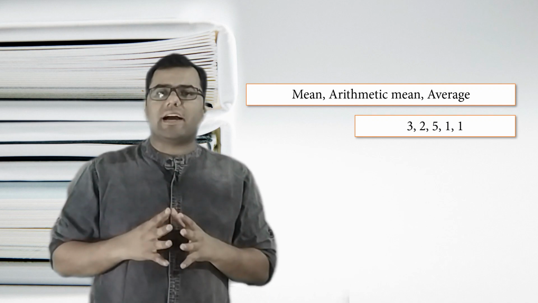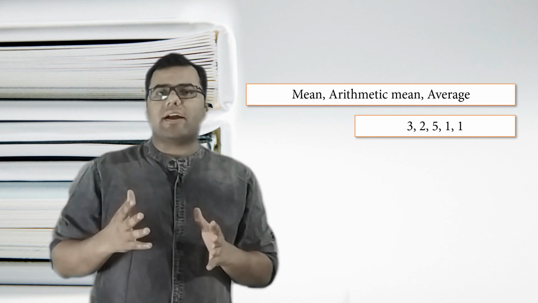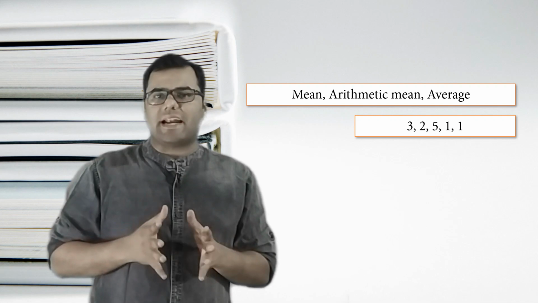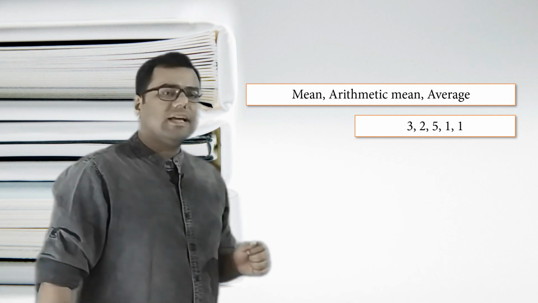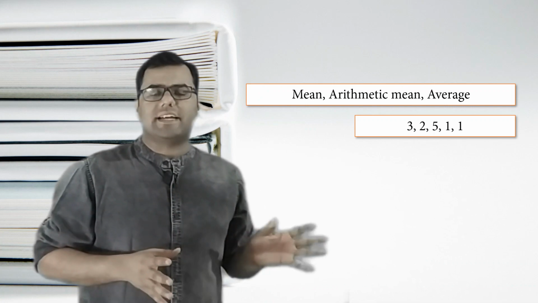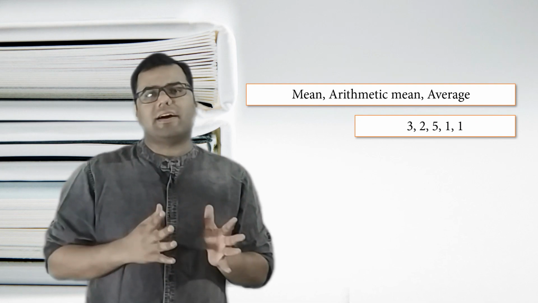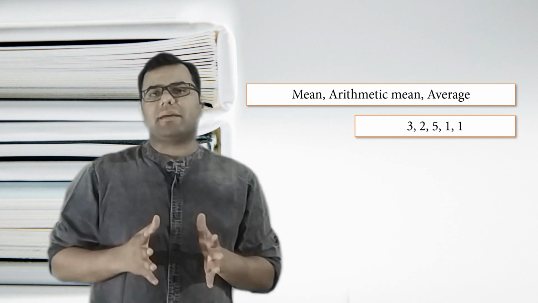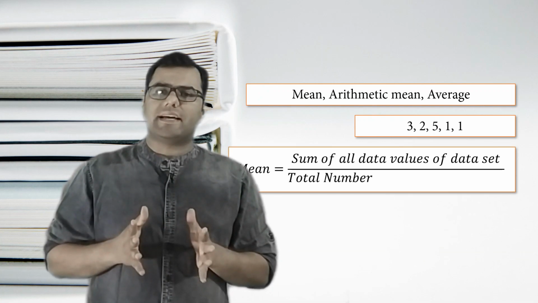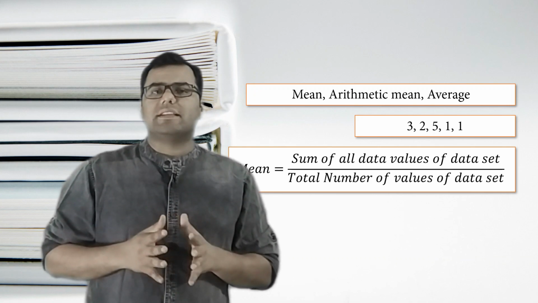You see that this data consists of 5 different data values. So it's more difficult to remember and to understand what this data is telling us. Instead, why don't we just find out the arithmetic average of this data set? The formula of arithmetic average remains the same as you have read in earlier classes: arithmetic mean, or simply mean, equals the sum of all data values of the data set divided by the total number of values in the data set.